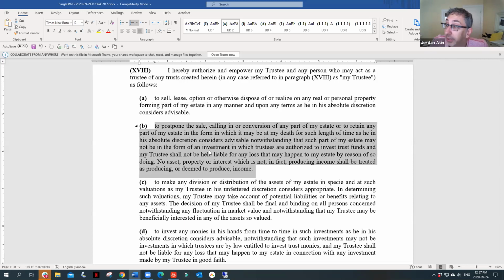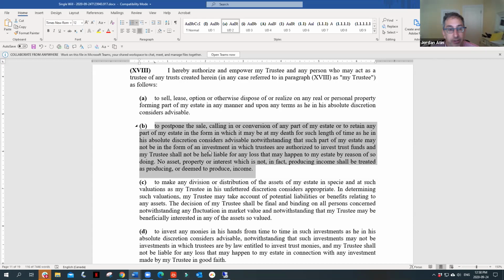If they don't like that, you might want to add another line here that says, notwithstanding this, I'd encourage my executors to liquidate assets as quickly as possible, something like that.